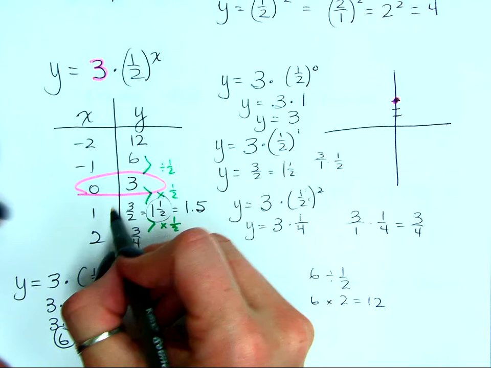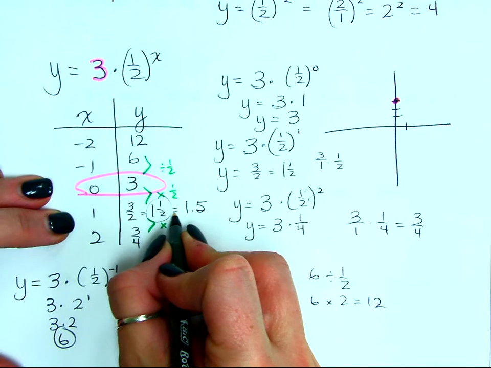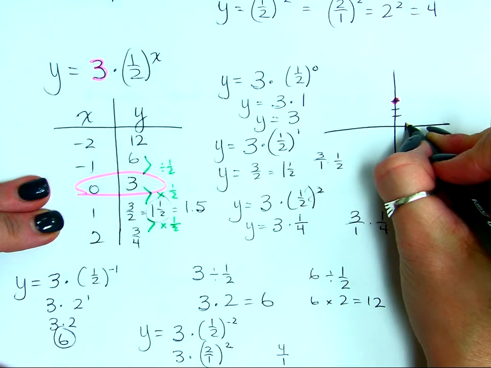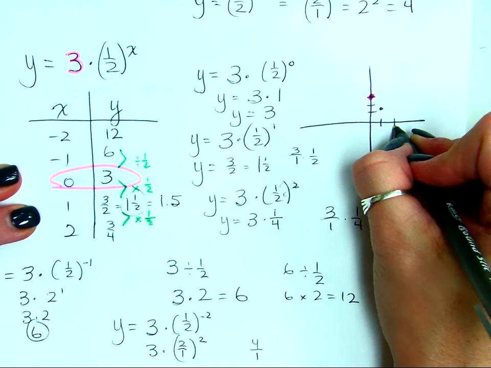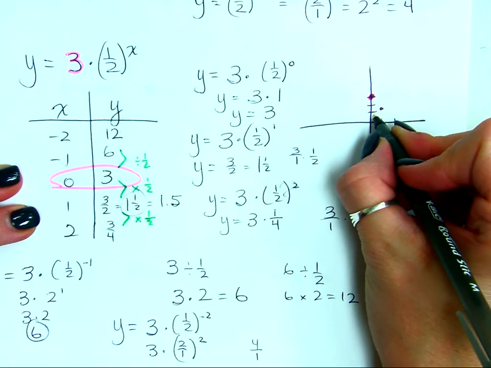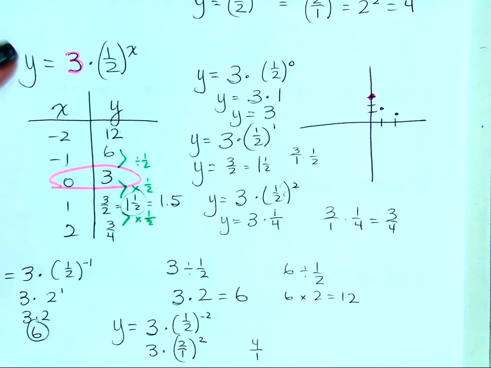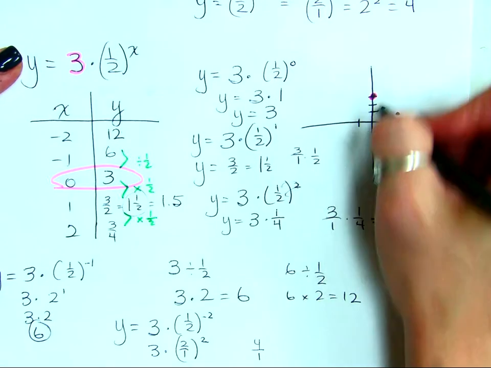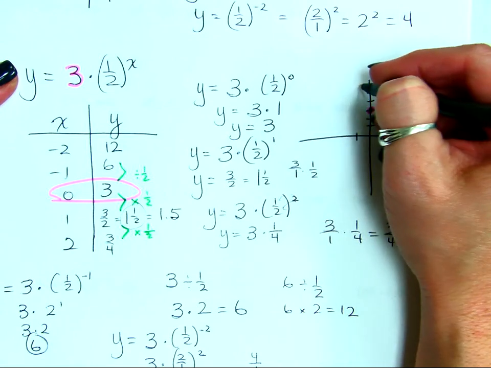Now I'm going to plot 1, comma, 3 halves. Oh, I mean 1 1/2. So 1, comma, 1 1/2. 2, comma, 3/4. Well, that's a half. 3/4 is right here. Okay. And then now let's plot our -1, positive 6. 1, 2, 3. If that's 3, that's 6.